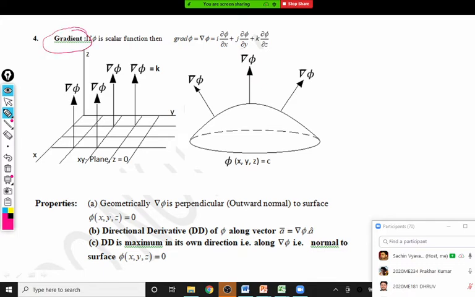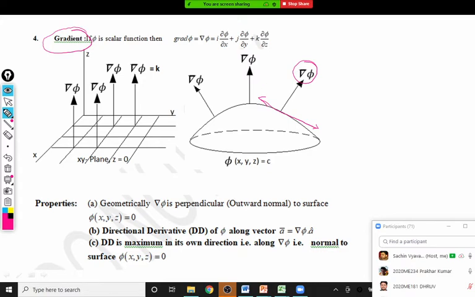The name gradient is given because it is used to calculate the slope of that surface, and we know the slope is taken along a tangent. The tangent to this curve gives you a slope, but del phi directly doesn't give us a slope. However, if we know the normal vector, then we can find the slope of that surface, and so the name gradient is given.